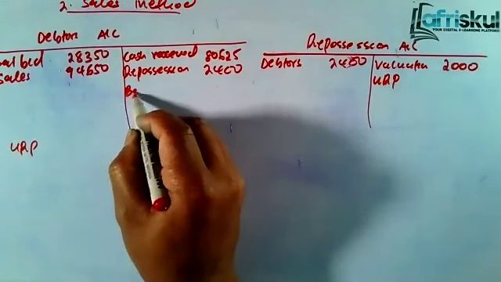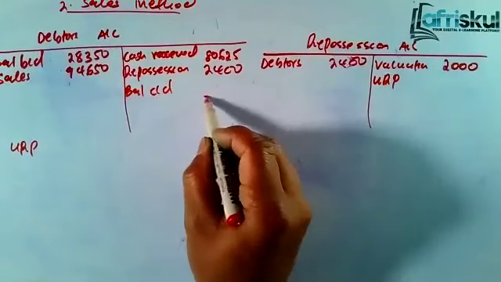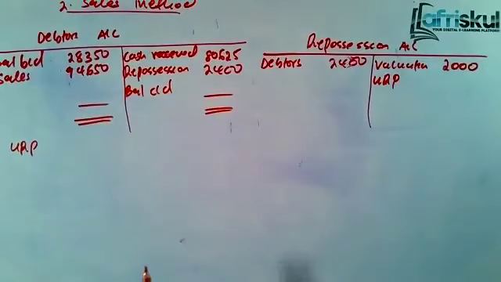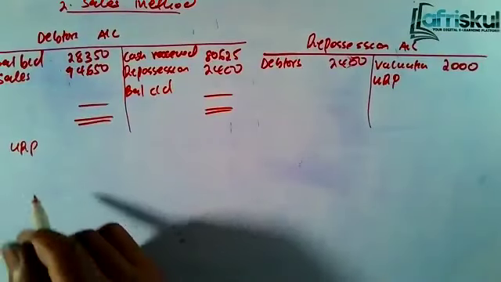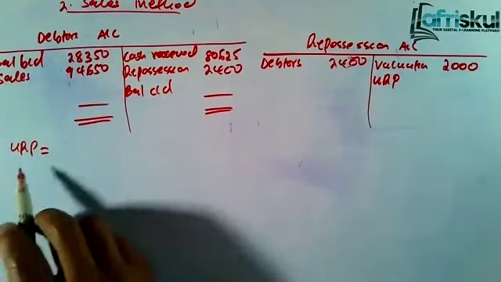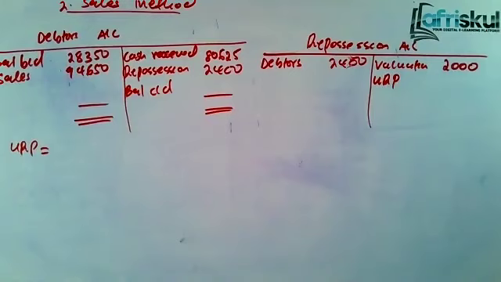So kwanza tufunge hii ya debtors. Let's get the balance carried down there. As I read the formula, give me the balance carried down there, as I get the unrealized profit. We say unrealized profit, we compute for debtors and repossession. Gibson, tafuta hii balance carried down.